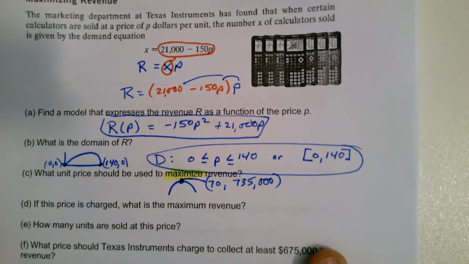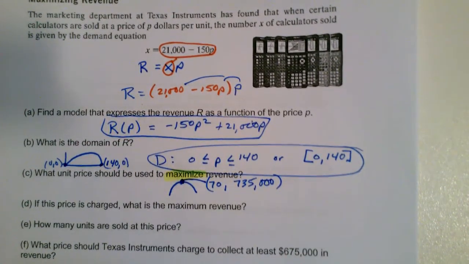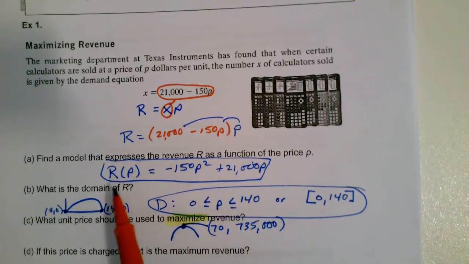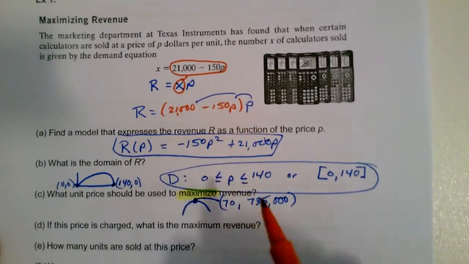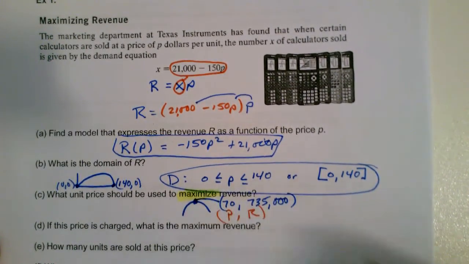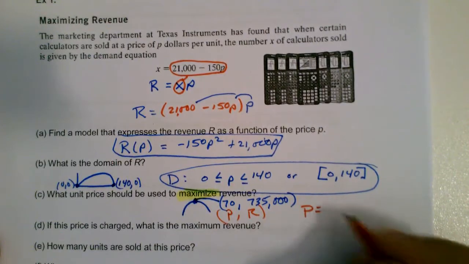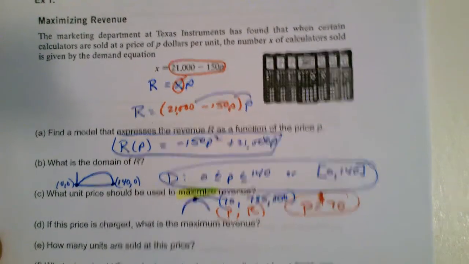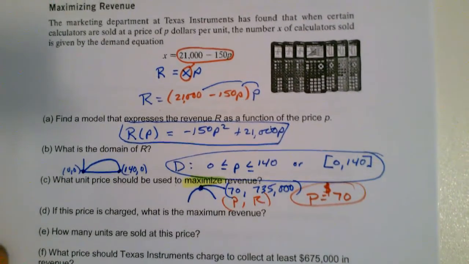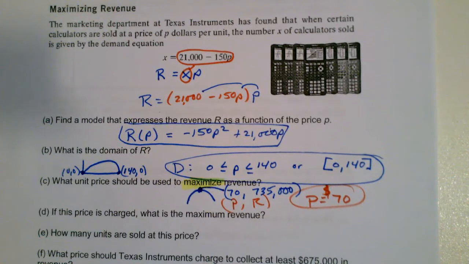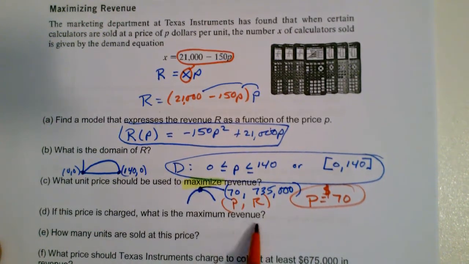What's the price? Which one's the price? Well, up here in my equation, X is my quantity, P is my price, and R is my revenue, for Y. So that's P and that's R. Okay. So in this case, my price should be charging $70. Wouldn't it be nice if your TI-84 was $70? It says if that price is charged, what's your maximum revenue?